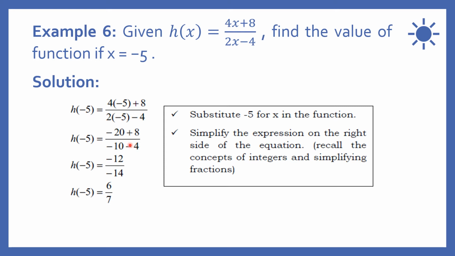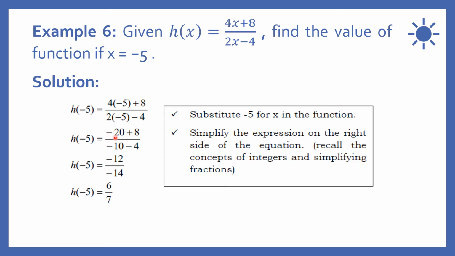And then, perform the operation. Kung natatandaan nyo yung rules natin, yung rules ng concepts of integers, diba, yung pag same signs, you will add and keep the sign. Different signs, you will subtract, and then you will get the sign of the higher number.